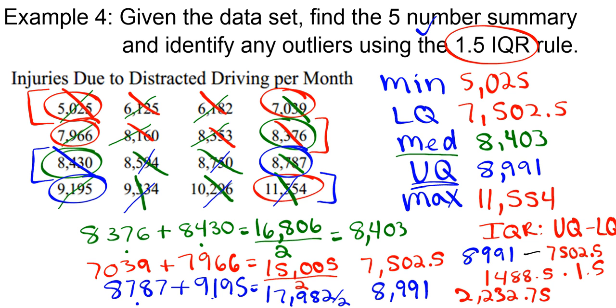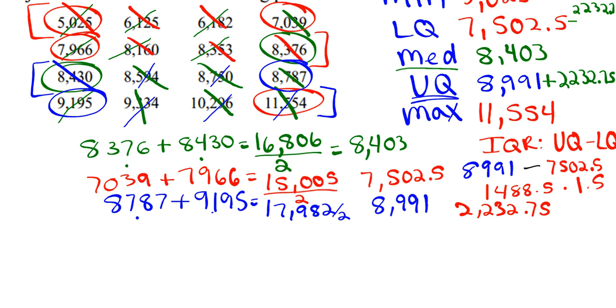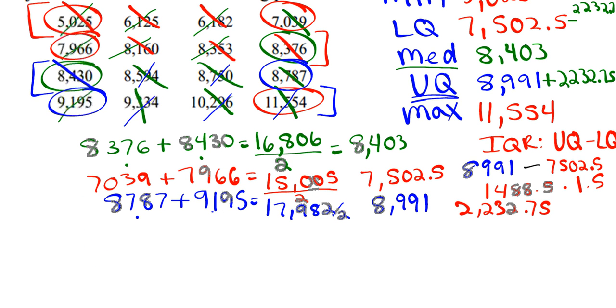That is the number that I'm going to use to find my range. I'm going to subtract it from my lower quartile, and then I'm going to add it to my upper quartile. That's going to tell me what my numbers need to be between. So first on our lower quartile, 7,502.5 minus 2,232.75 gives us a bottom number of 5,269.75.